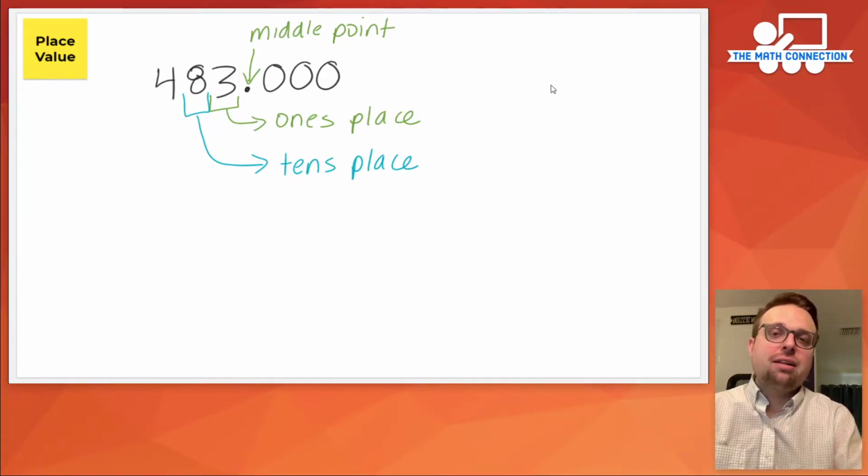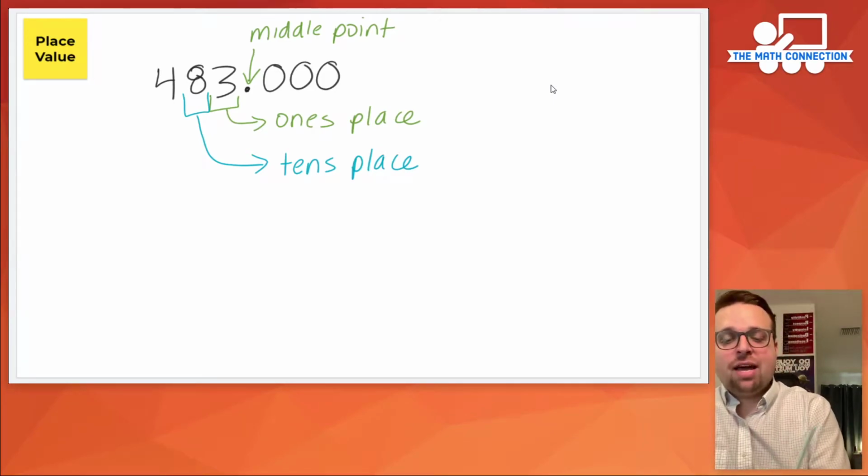So now we're at 10, 11, 12, 13, 14, and 20, and 30, and 40, and 50, 60, 70, 80, 90. And then once we get past 90, if we're at 99, the next highest number would be 100. And when we hit that 100, we're actually going to be in the territory of the hundreds place.